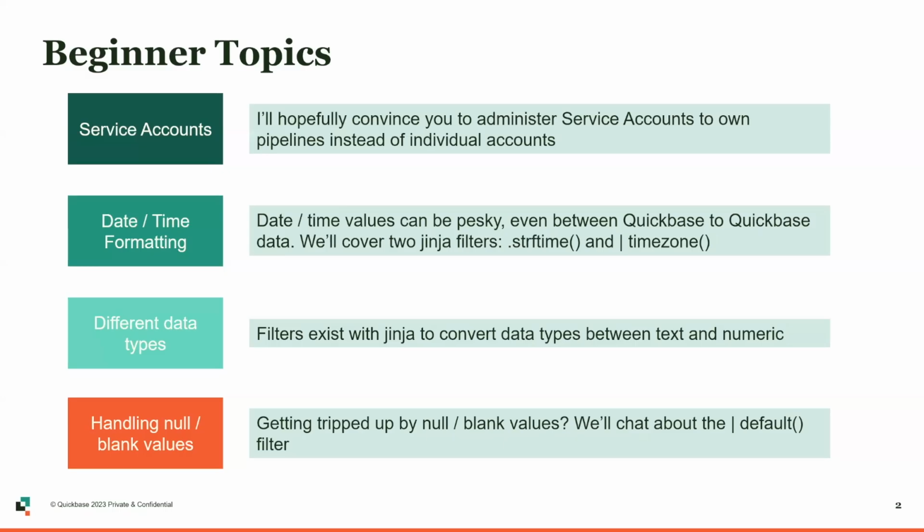We'll chat a little bit about different data types. I'm sure with all of the data that you see, a variety of data types from text to numeric, int, float, date, time, email, users. We're just going to talk about text and numeric to begin with, and then maybe down the line we'll expand this into more data types than just those two.